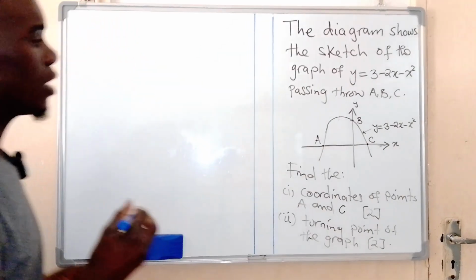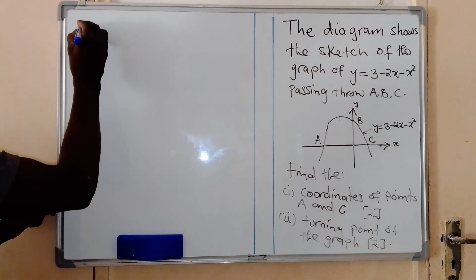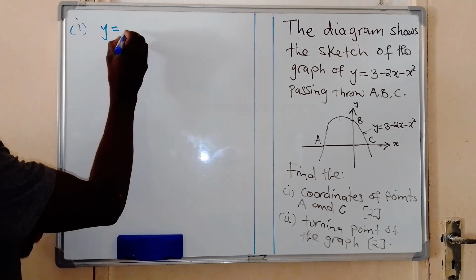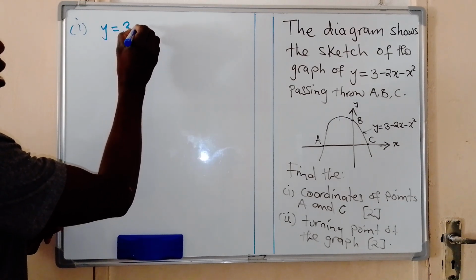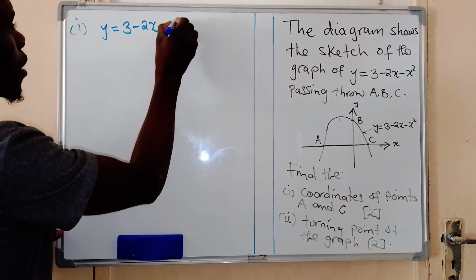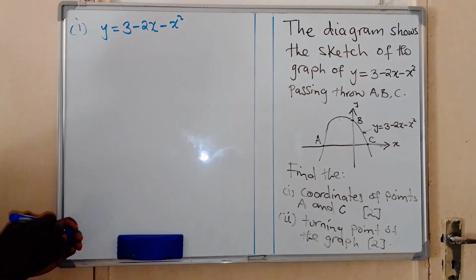So we'll end up having something like y is equal to 3 minus 2x minus x squared.